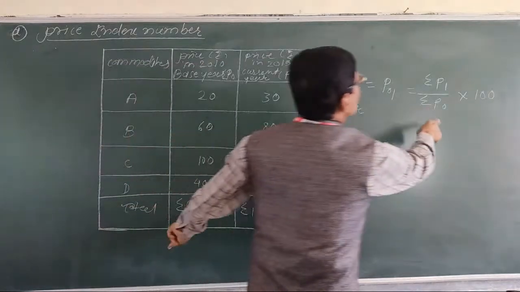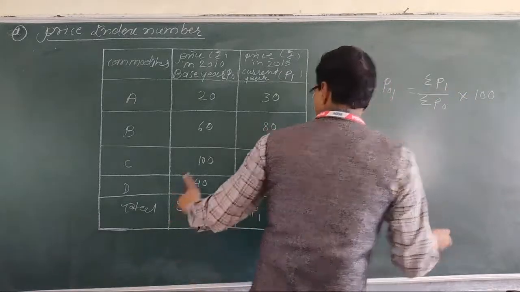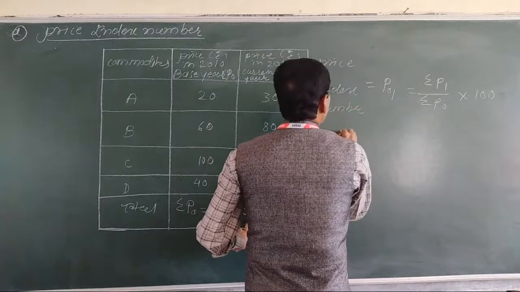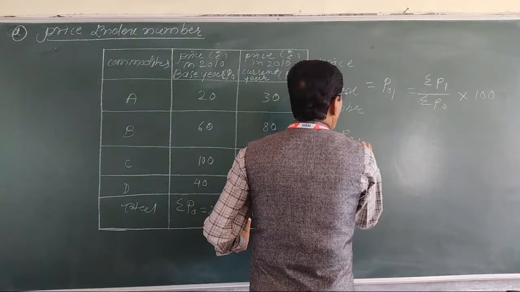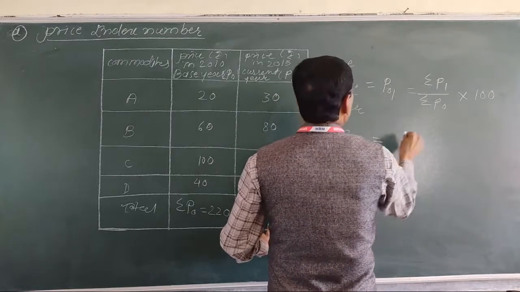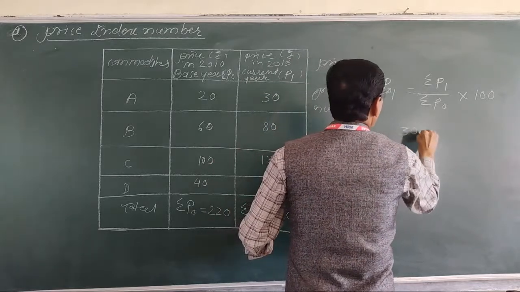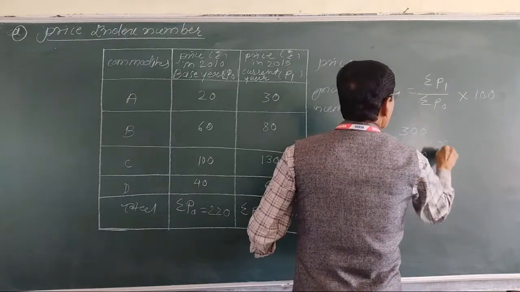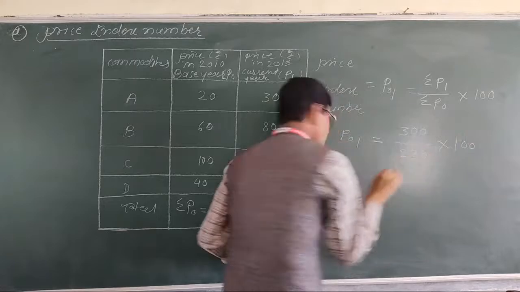Summation P0 into 100. So P01 is equal to 300 upon 220 into 100. Is that clear?